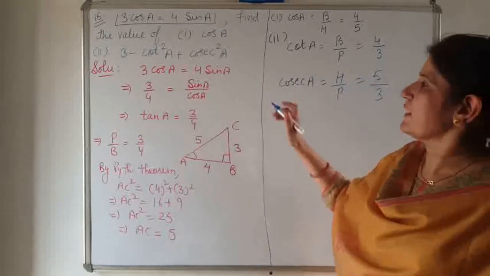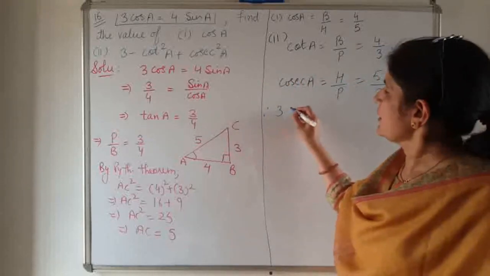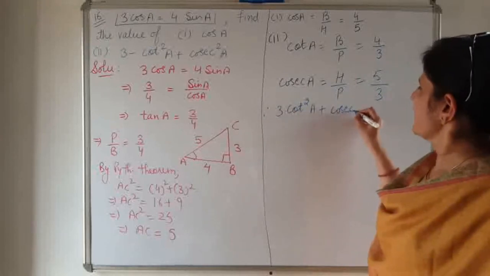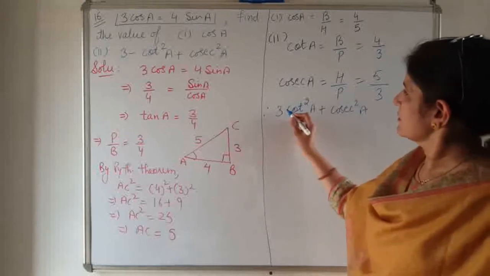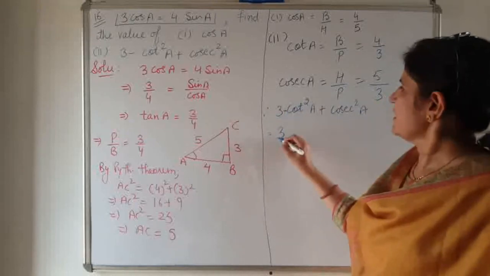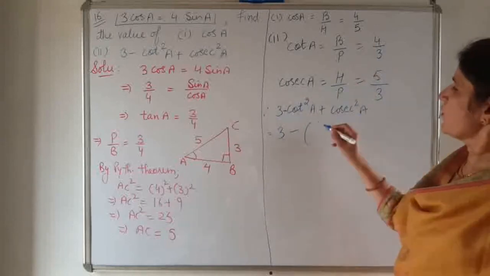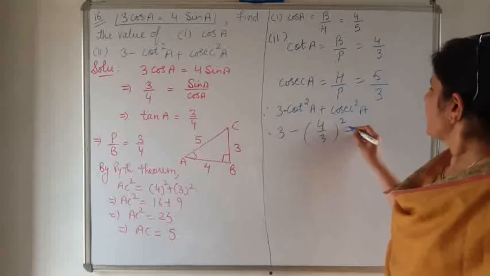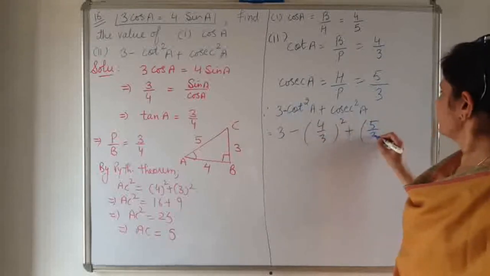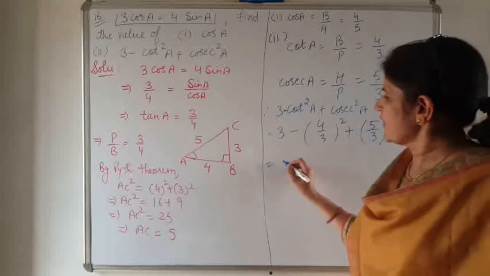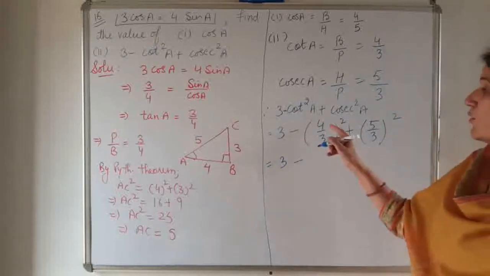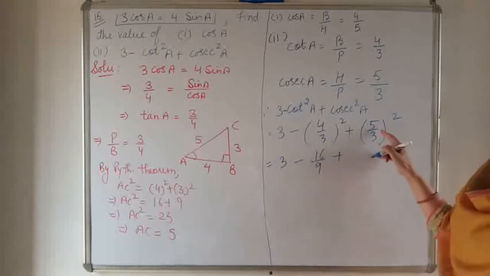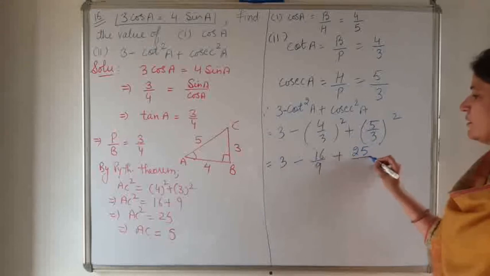Now substitute these values. Therefore 3 cot square A plus cosec square A equals 3 minus (4 upon 3) plus (5 upon 3) whole square. So what we get? 3 minus square of 4 is 16, square of 3 is 9, plus 5 square is 25 upon 9.